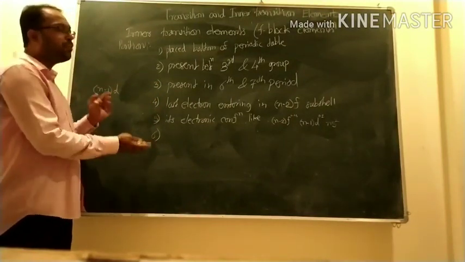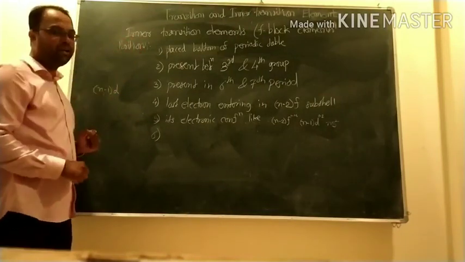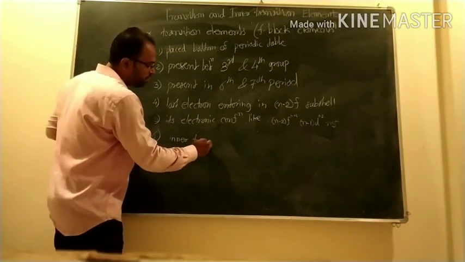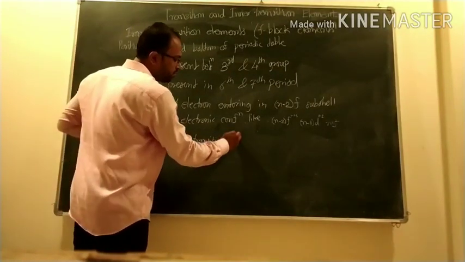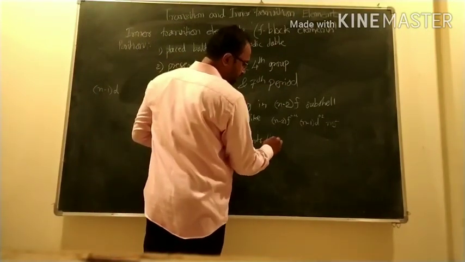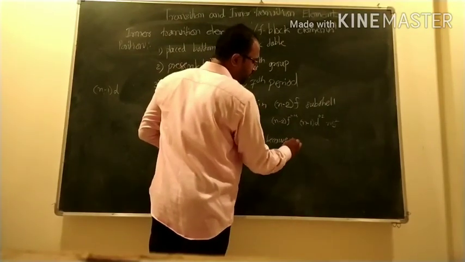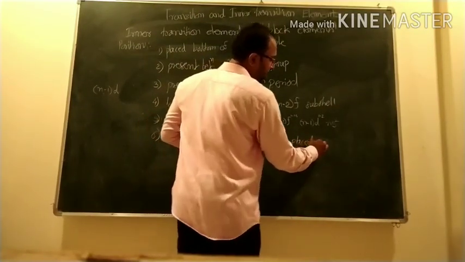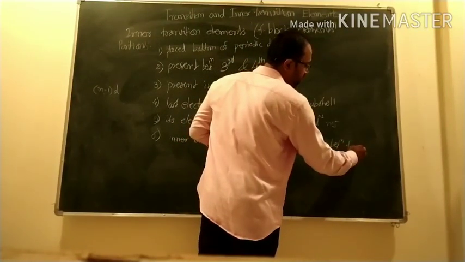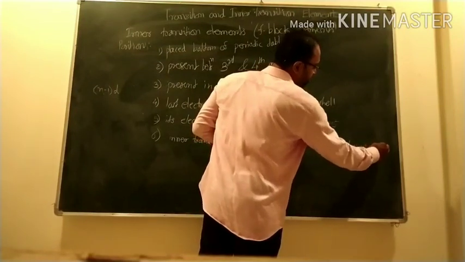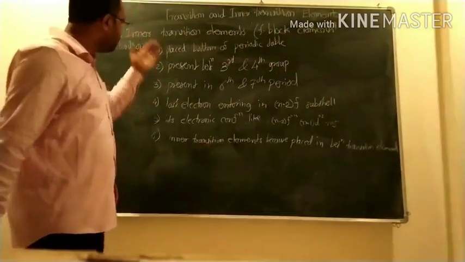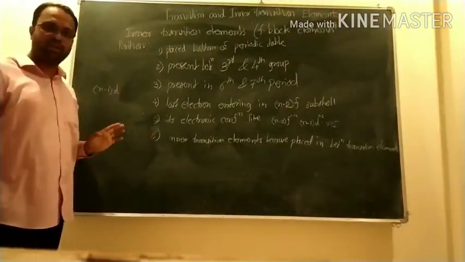But these elements are placed within the transition elements, so they are known as inner transition elements, because they are placed inside the transition elements. So that is the position of f block elements.